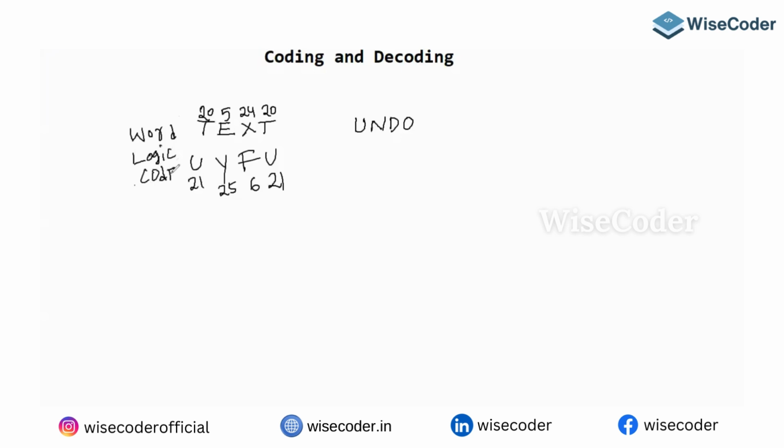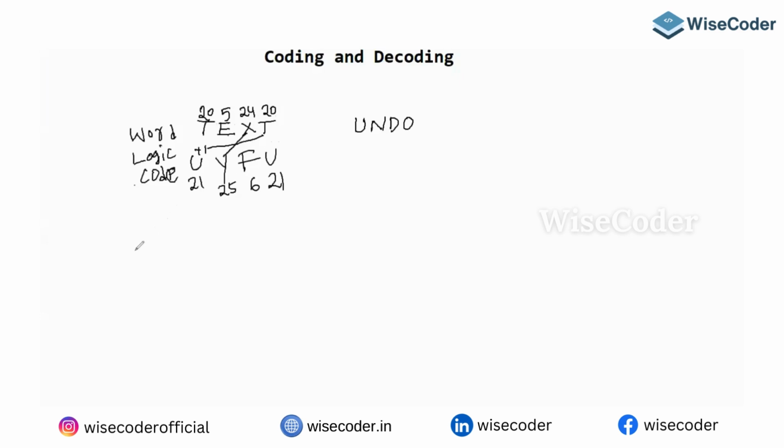Look here, what is being done? The letters in the given word are reversed, and plus 1 is added. T plus 1, X plus 1, E plus 1, T plus 1.